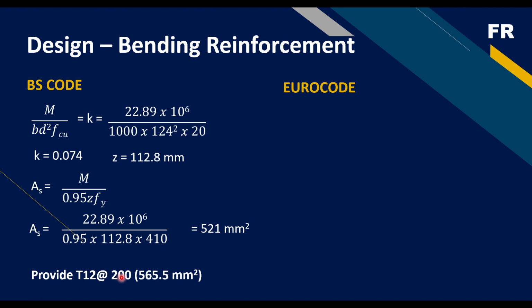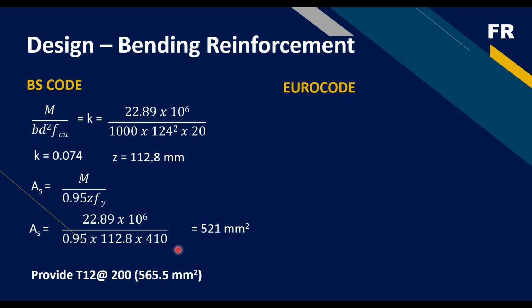You provide the size and the spacing. So T12 at 200 amounts to 565.5 millimeter squared, which is slightly higher than 521. So you can go with T12 at 200 or maybe you go for 175, either way.